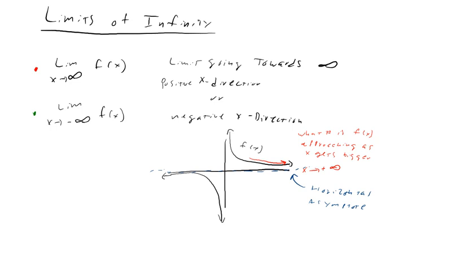This horizontal asymptote is skimming along, right? As you're getting further and further to the right, the graph is approaching this horizontal asymptote, in this case y equals 0.